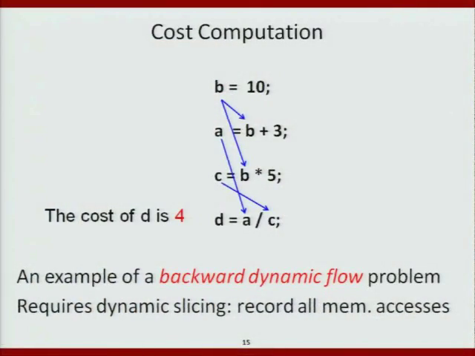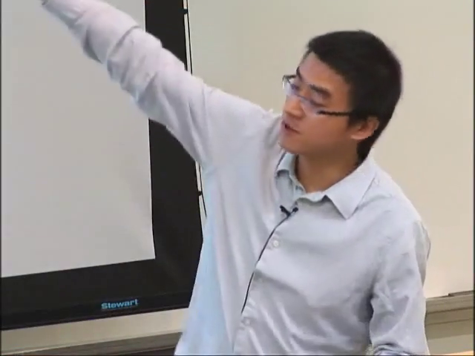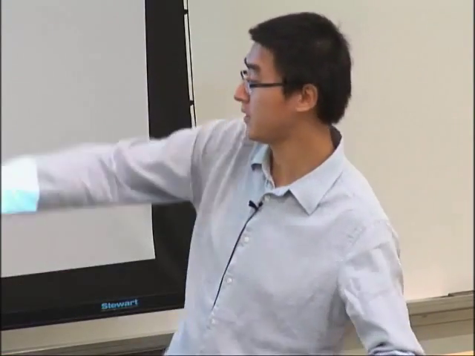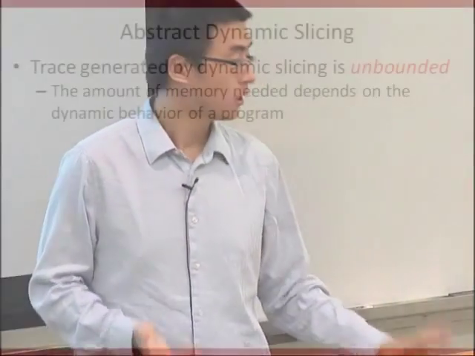In general, the only way to solve this backward dynamic flow problem is to use dynamic slicing, which captures a dynamic dependence graph that looks like this. Dynamic slicing is a general dynamic technique that needs to record all memory accesses during the execution and their dependence relationships, right?